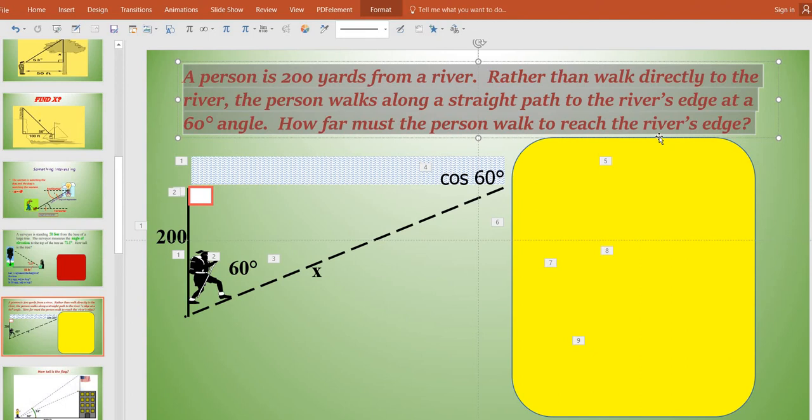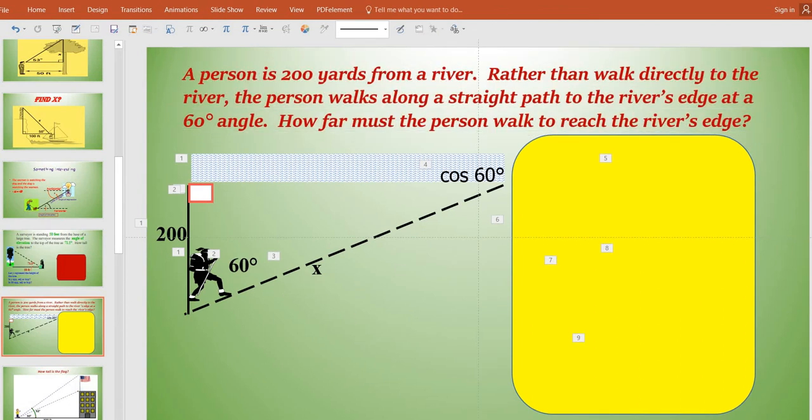How far must the person walk to reach the river's edge? A person is 200 yards from the river. The person goes to the river by the angle 60. How far must the person walk to reach the river's edge?